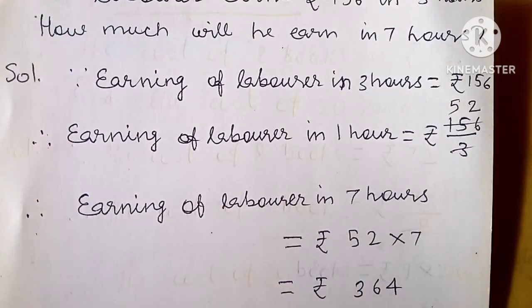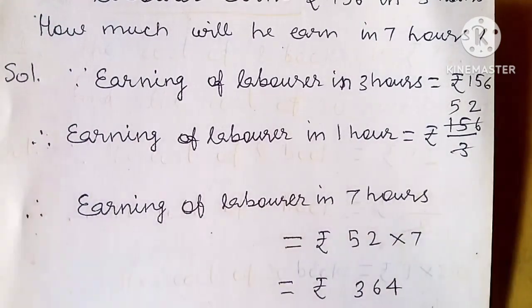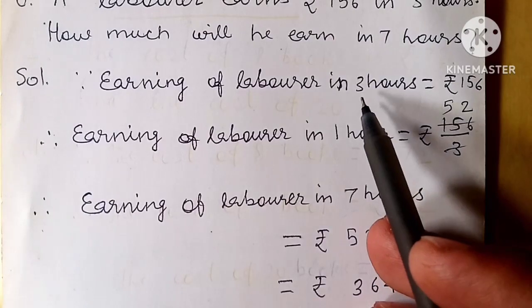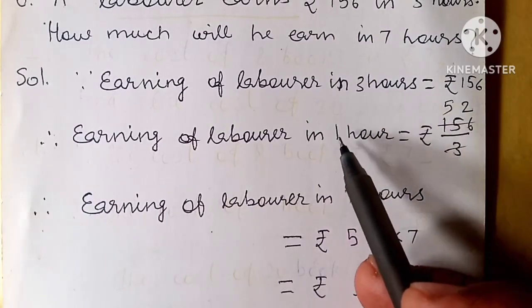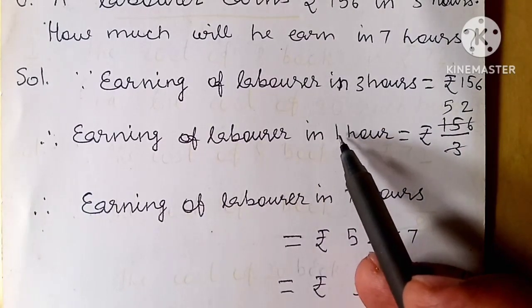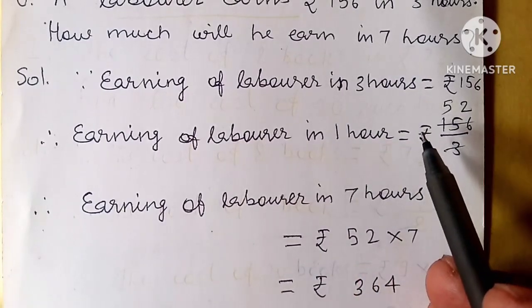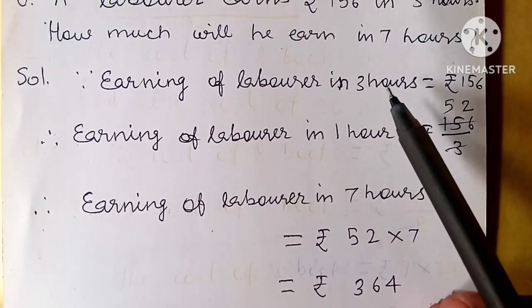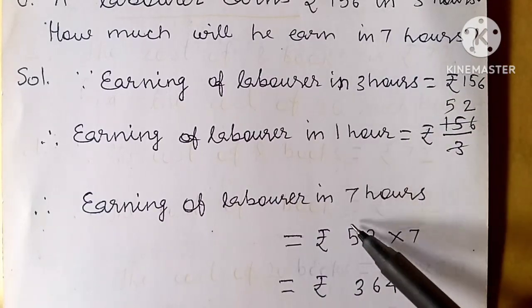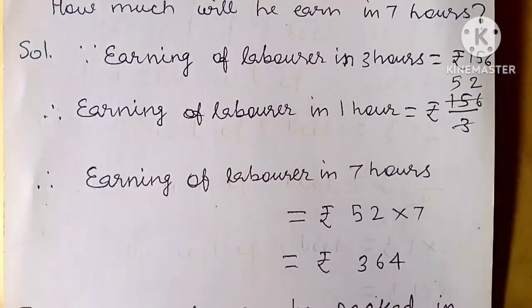So, the soul of the solution is, we always find the value of one quantity, and for that we have to divide, and again when the value is increased we have to multiply.